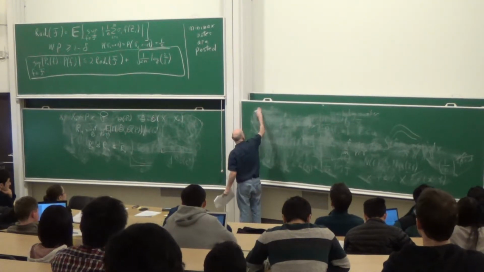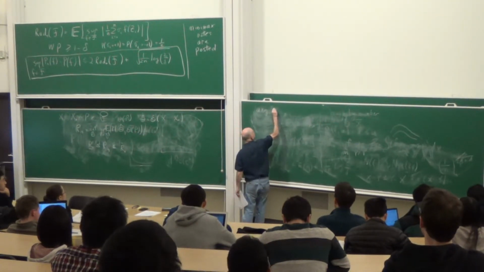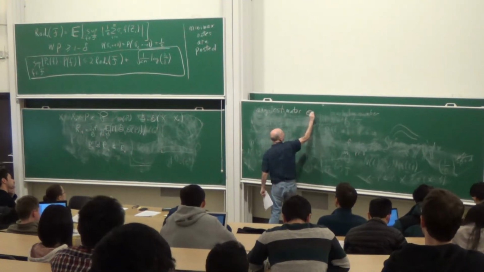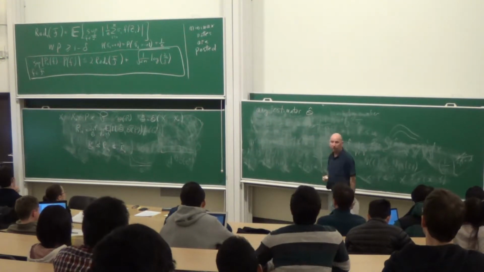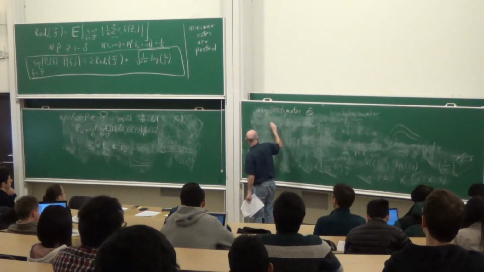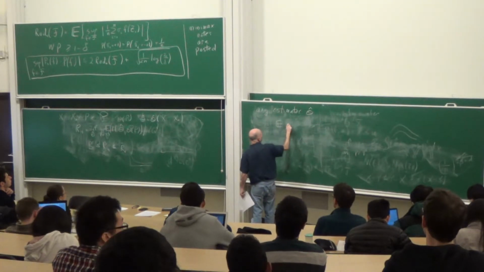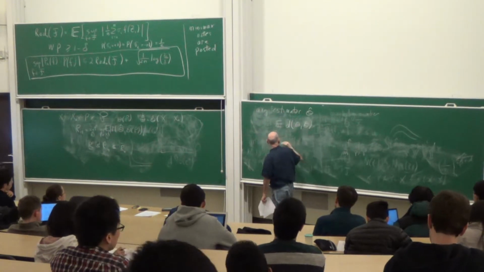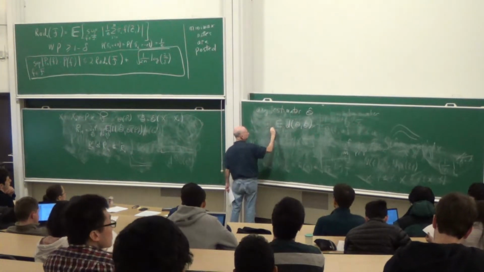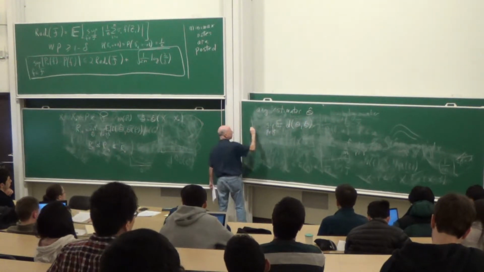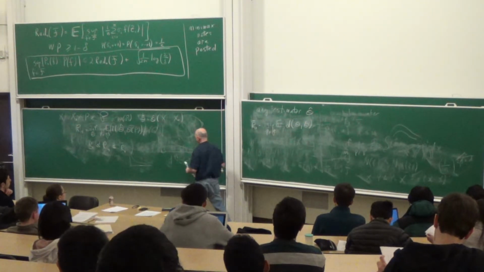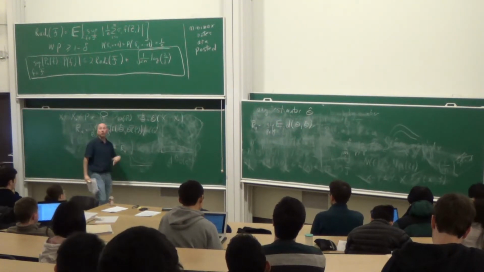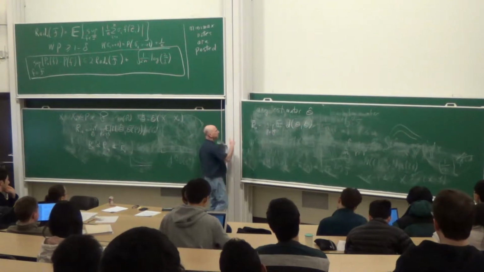Take any estimator at all, and just evaluate its risk, computing the average value of that, taking the sup. That gives you an upper bound, because by definition the minimax risk is the minimum over all possible estimators. So if I take one particular estimator, its risk has got to be bigger than the minimax risk.